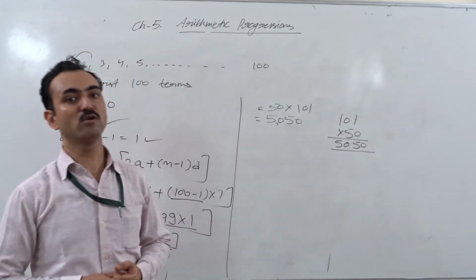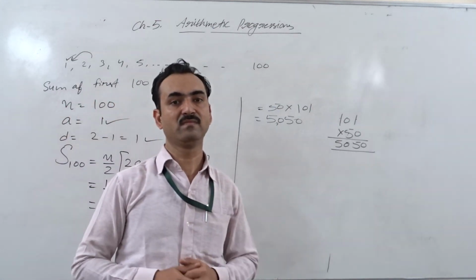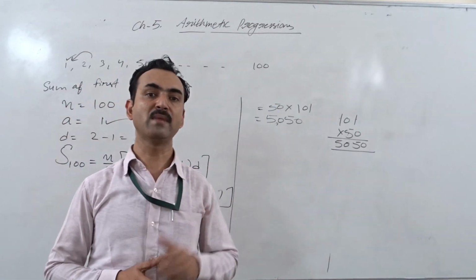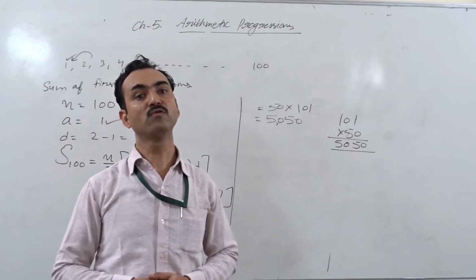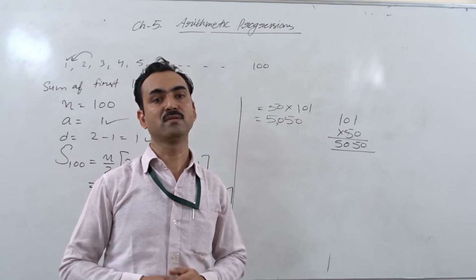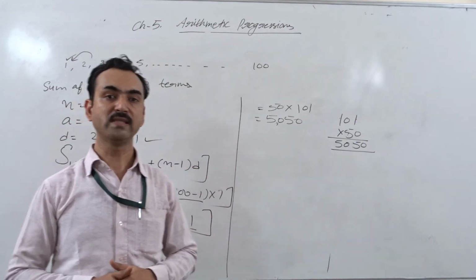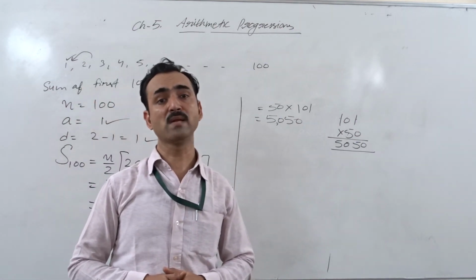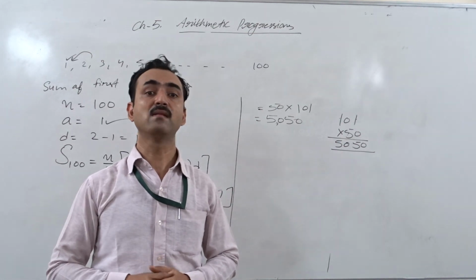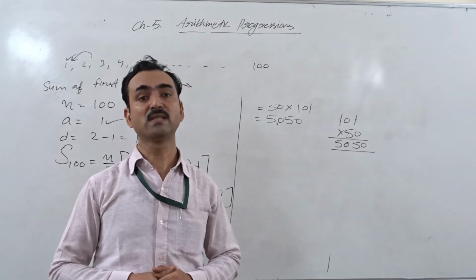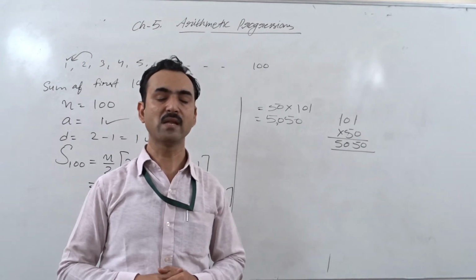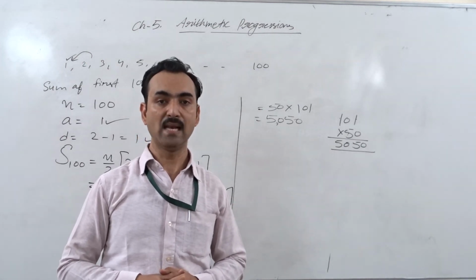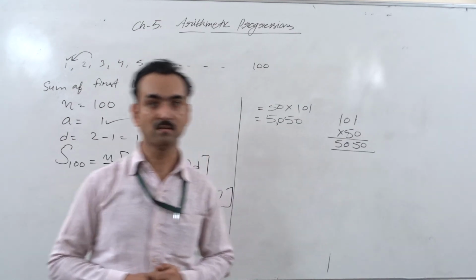Then you learned to find the nth term: an equals a plus (n minus 1) into d. After this you learned how to find the sum of n terms, and there are two formulas. First is Sn equals n by 2, 2a plus (n minus 1) into d, and the last formula, when you know the first term and last term, is Sn equals n by 2 into (a plus l). Okay, so do practice. Thank you.